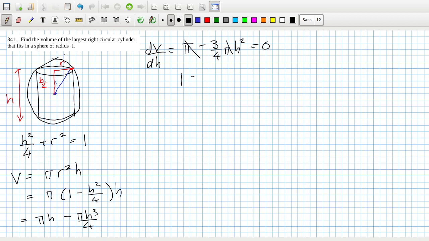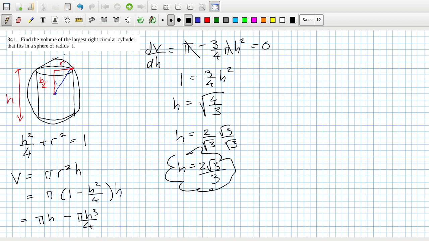Cancel pi's and you get 1 equals 3/4 h squared. So h would be the square root of 4 over 3. So h is 2 over root 3, so h is 2 root 3 over 3.